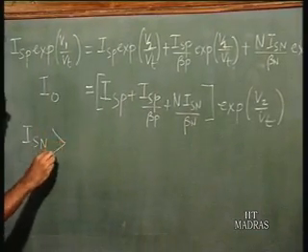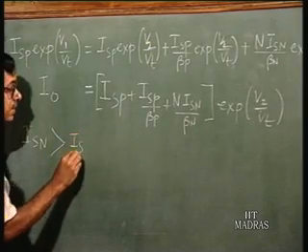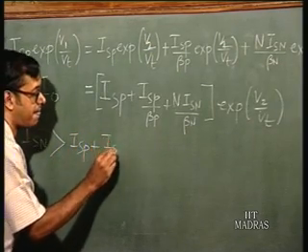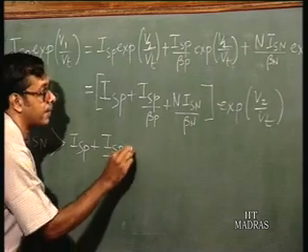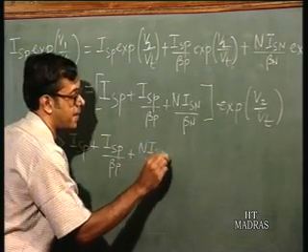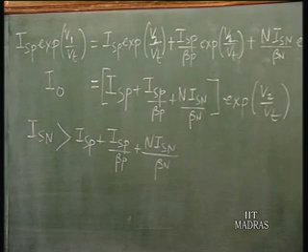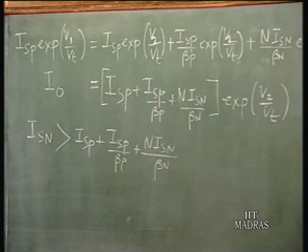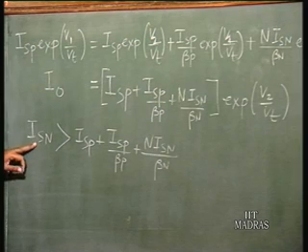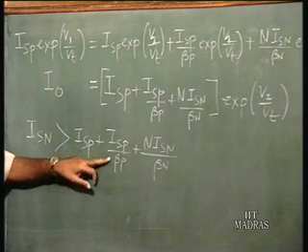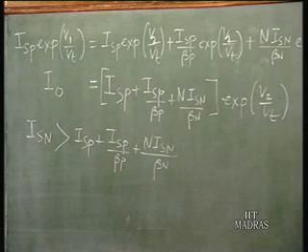So, we see that we have removed all the voltage dependencies, which is very important. Now we have a relation between the different saturation currents, the number of collectors and the beta of the individual transistors. So, ISN must be greater than ISP plus ISP by beta p plus NISN by beta n. So, this condition must be satisfied in order to ensure that the transistor goes to saturation.